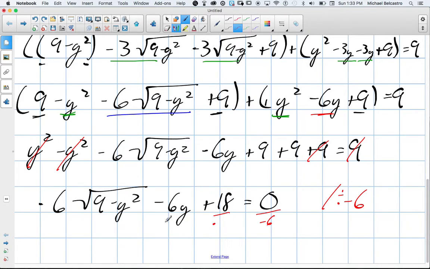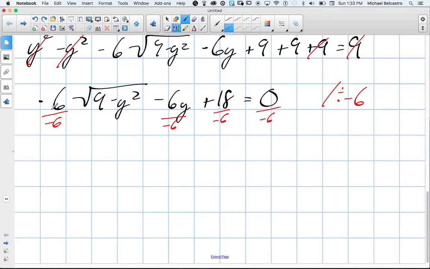This term by negative 6, this term by negative 6, and this term by negative 6. These cancel out to be like a positive 1, so we're just left with the square root of 9 minus y squared. This becomes plus y, and this becomes minus 3 is equal to 0.